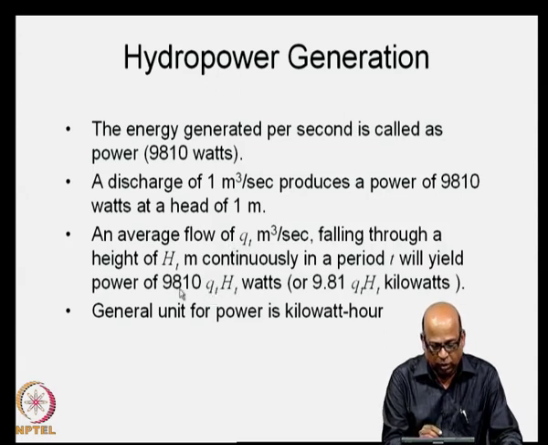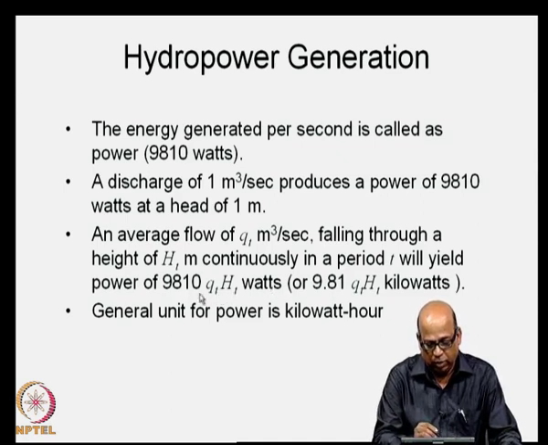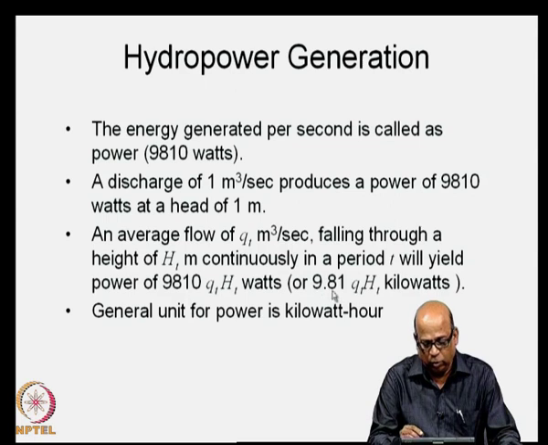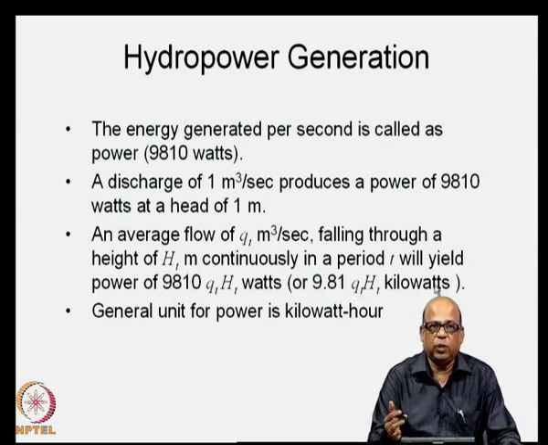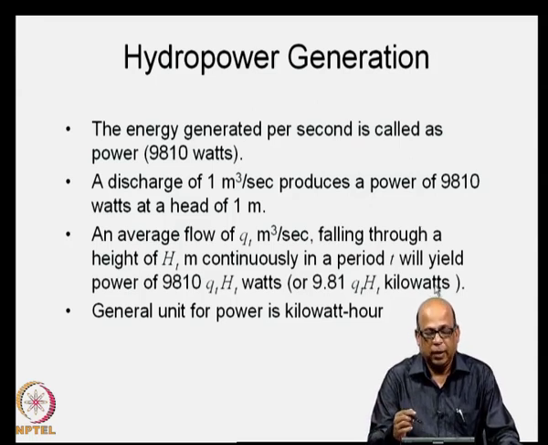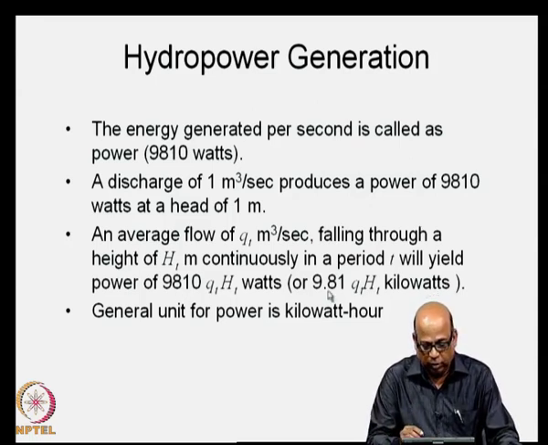Divided by 1000, you write it as 9.81 QT HT kilowatts. Generally, we use kilowatts, megawatts and so on.